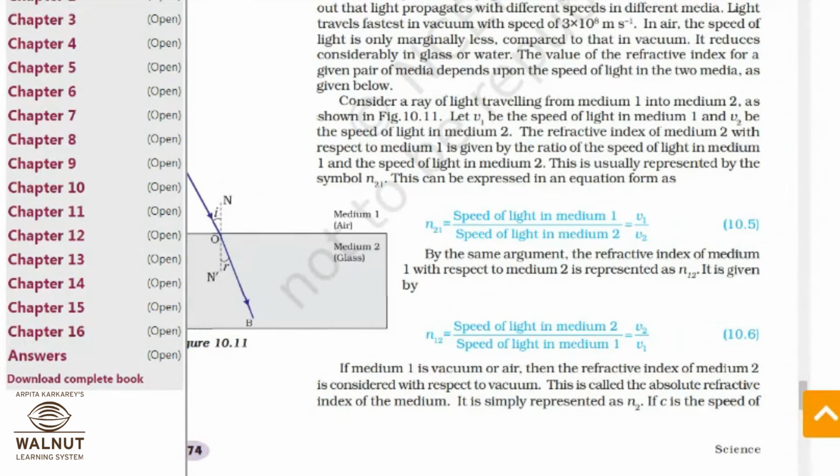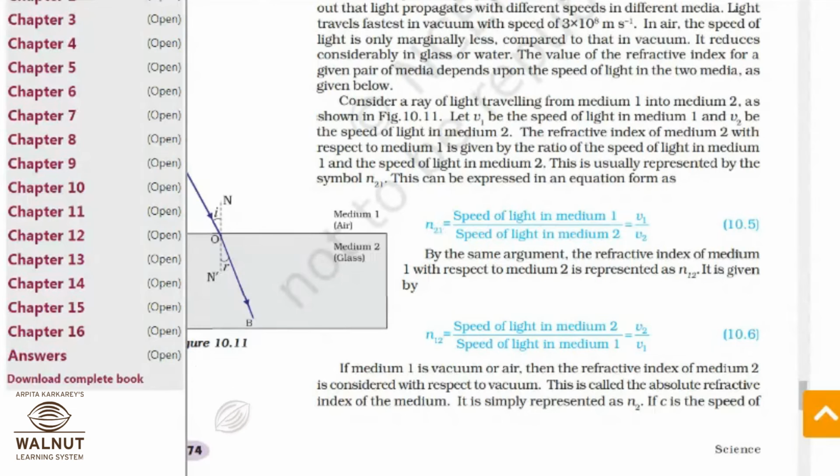So how will you give the refractive index here? The refractive index of medium 2 with respect to medium 1 is given by the ratio of the speeds of light in medium 1 and medium 2. This is usually represented by the symbol N21 at the subscript. Why is N21 written here?